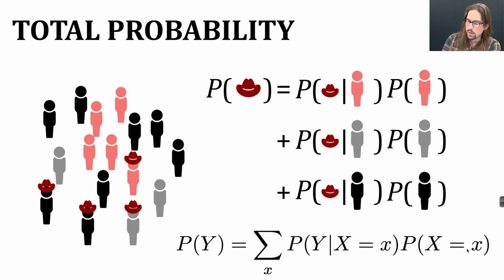We just write the generic version, and then all that we're changing from here to here to here is what the little value of x is. In other words, the color. So in the first iteration, we have pink, and then we add the same thing, but now we change the pink to gray, and then we add the same thing, but now we change the gray to black.